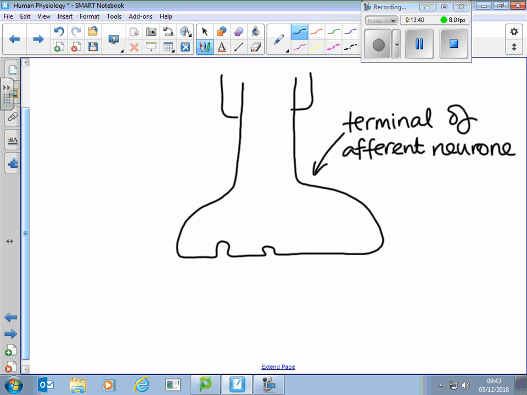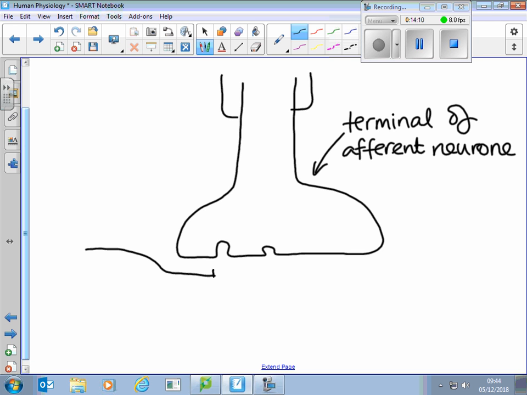Those sodium channels are attached to little receptors which, when they're stimulated, will open the sodium channels. And the little receptors pick up the chemicals that are going to come from this afferent neuron. They are difficult to draw in the space we have in a diagram, so I'm just making them a bit bigger than seems reasonable.